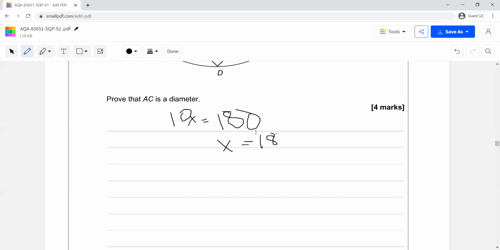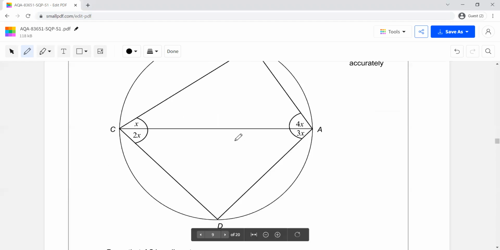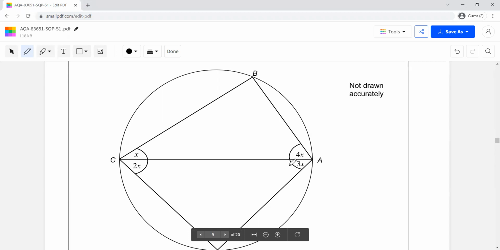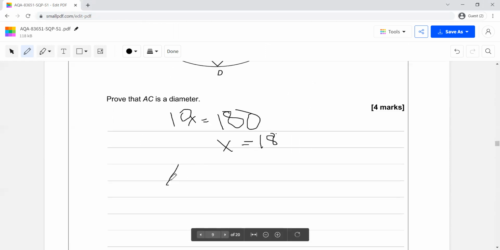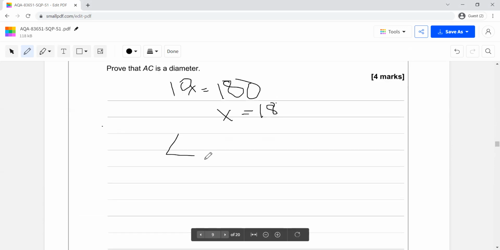Okay. And so angle BA... or maybe if I do angle... okay, no. I want to prove that this is 90 degrees. So I'm going to say that angle ABC is 90 degrees.